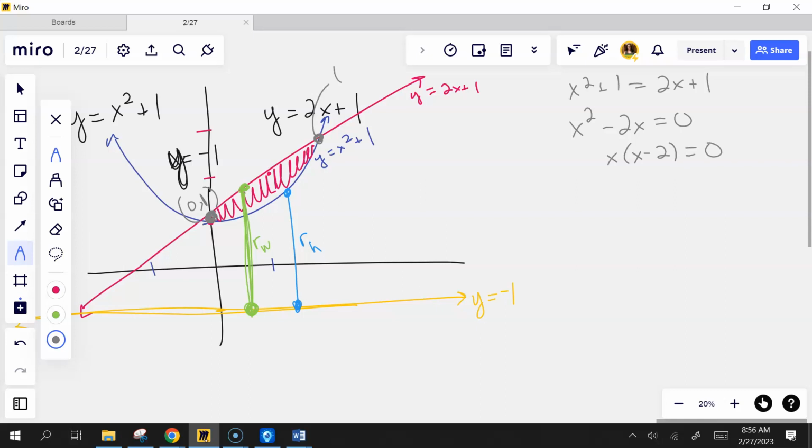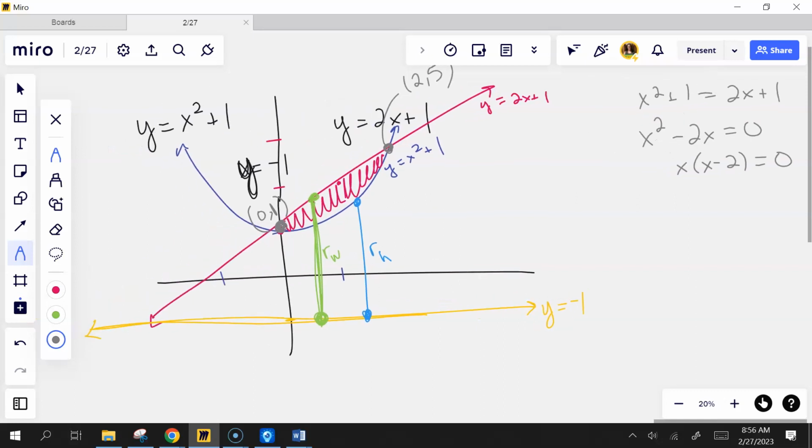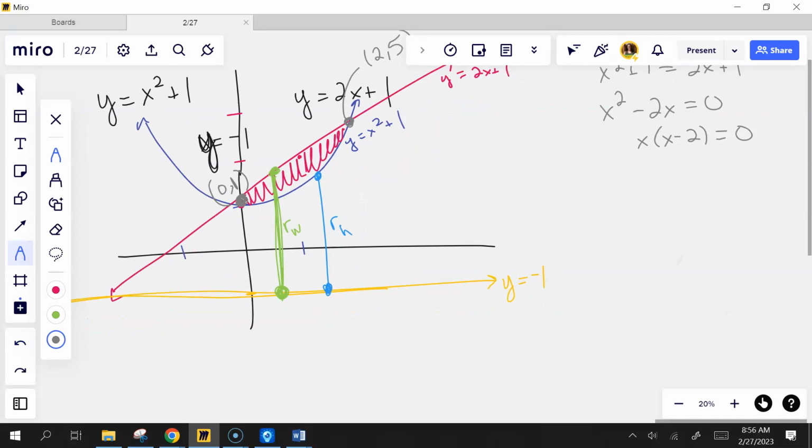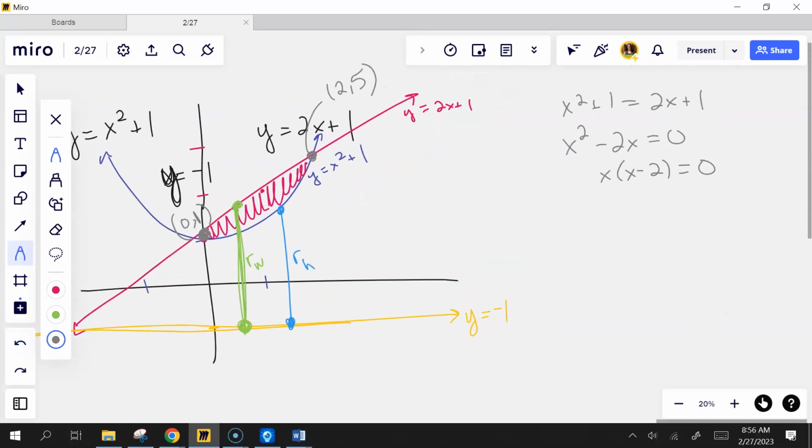This point is 2, 5. I would need the Y part if I was going around the Y, because initially this was saying rotate around this line, and that would be in terms of Y. All right, I have my points.